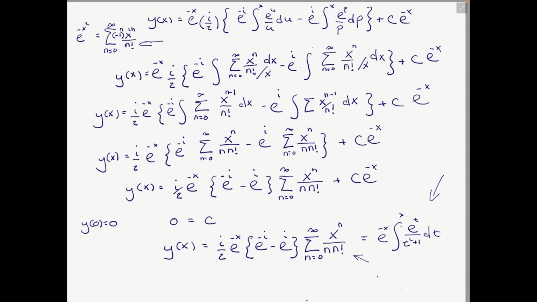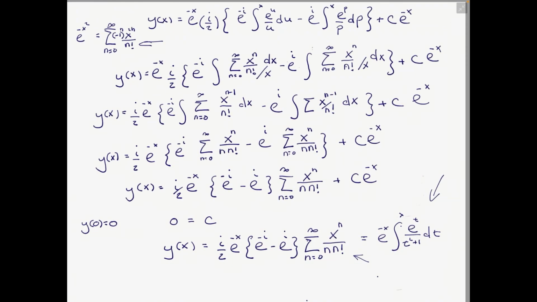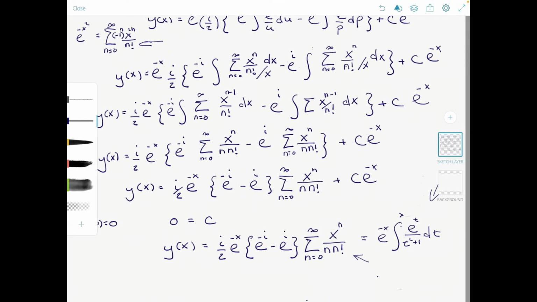But if you carry it out many, many terms, you'll be able to get the answers that you want from this solution. So even though it's not ideal and it's not explicit, not everything is perfect as you would like. There's another way of looking at this problem.